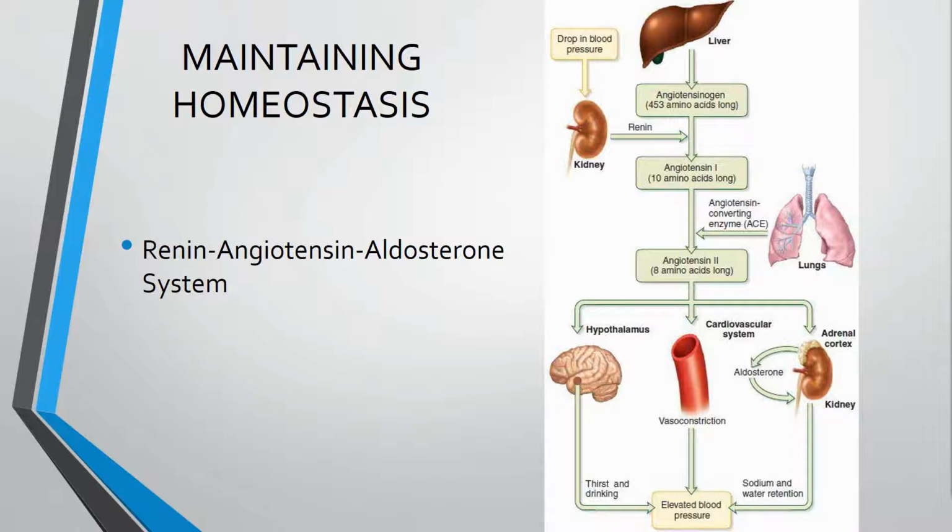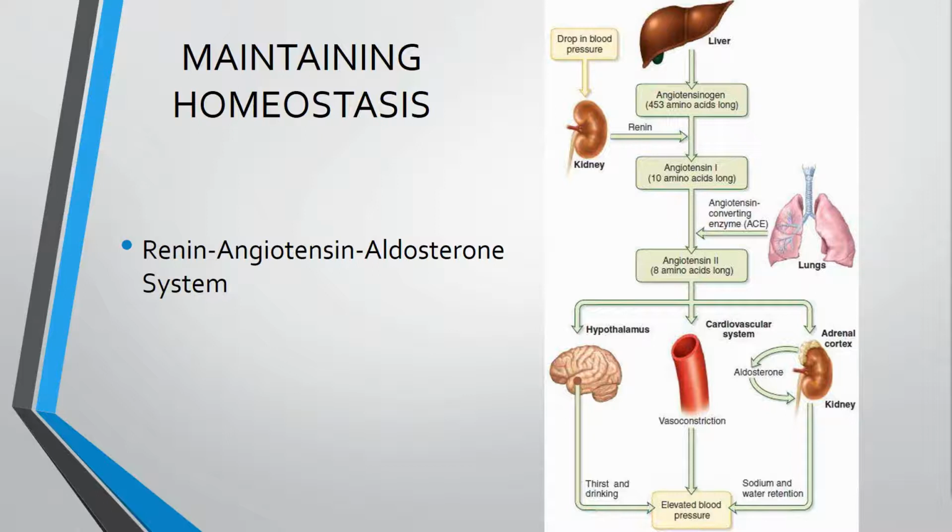Water is going to follow that sodium into the vascular system to try to keep everything in equilibrium. This will cause an increase in fluid in the vascular space, which will increase blood pressure and increase perfusion to the kidneys. So again, aldosterone, think about reabsorbing sodium and water, and this increases total fluid volume.